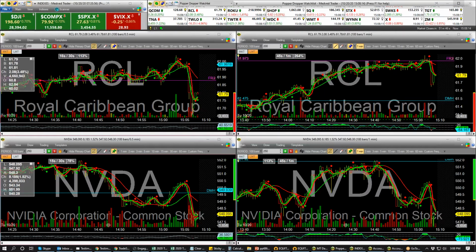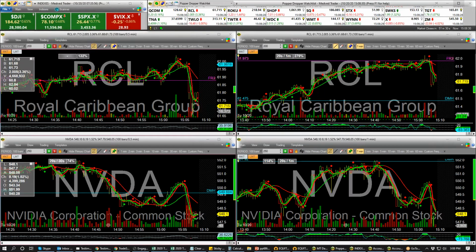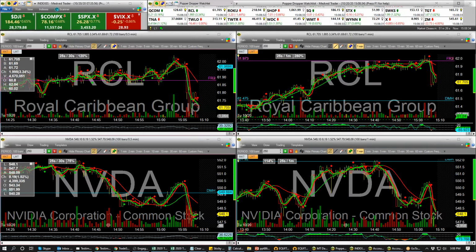And then if you wait till you get beneath it, if you're going short, or above it if you're going long, you can actually have a little more level of comfort and feel that you're in a little safer trade. So I think it's a good addition to what we're doing. I know it's helped me this last week using it. I'm just trying to learn to use it a little bit better.